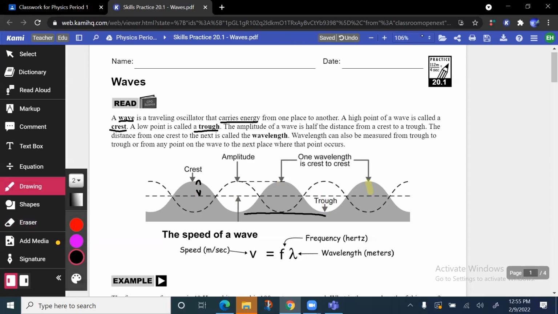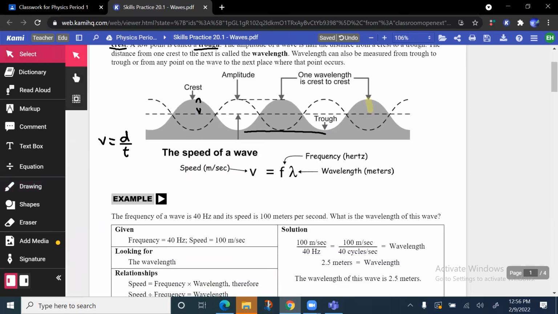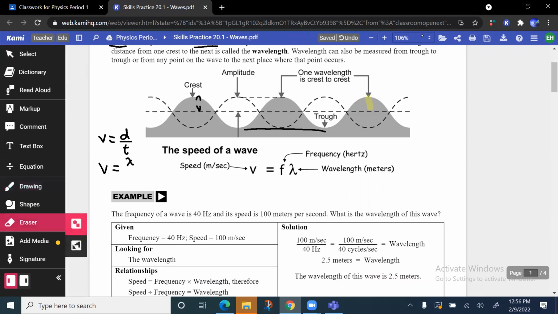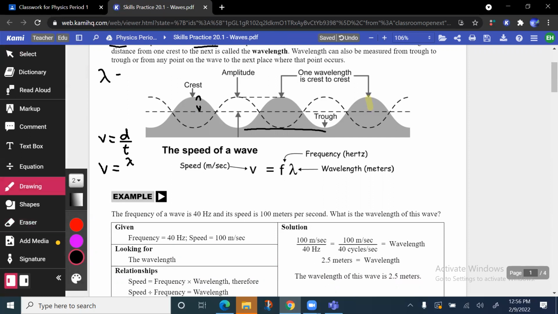Now we remember back from the beginning of the school year that the speed of anything is measured as the distance divided by time. Now, if we focus on the speed of a wave, let's focus on wave properties within this equation. The speed of the wave would be the wavelength, that would be the distance. For those unfamiliar with this variable, this symbol is the Greek letter lambda, and it stands for wavelength.